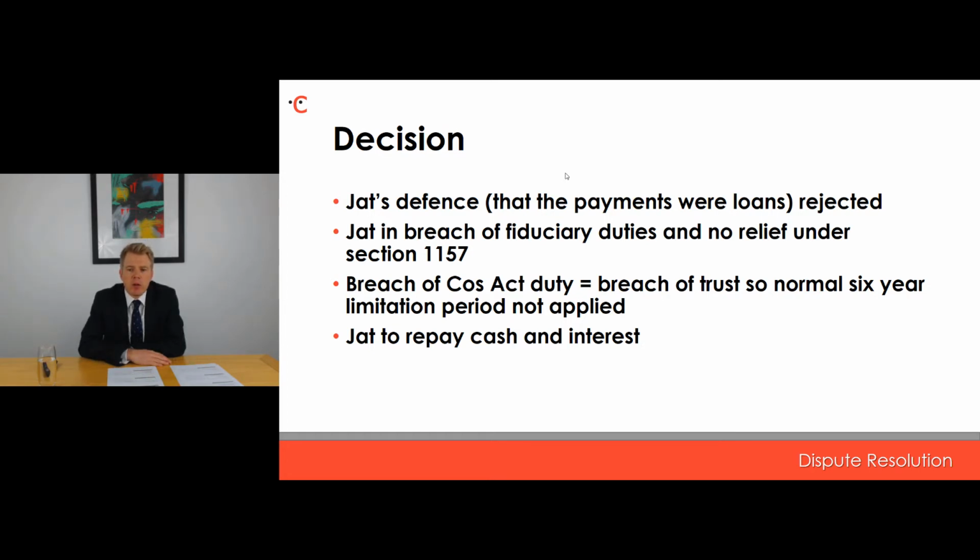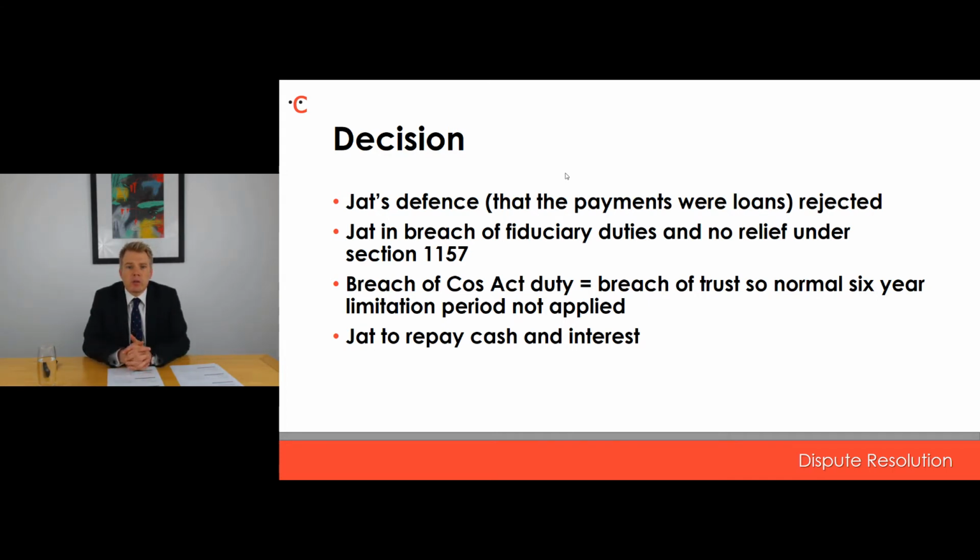Jat then said, well, okay, I should have the benefit of Section 1157. And that also failed. On the evidence, he was plainly in breach of his fiduciary duties, and he couldn't be said to have acted honestly and reasonably, so he shouldn't have any relief under this section.